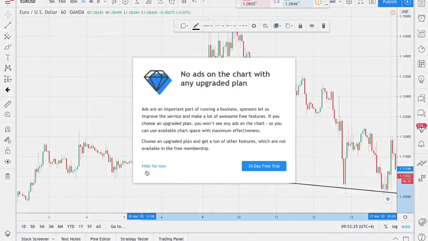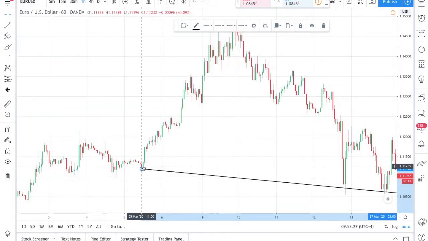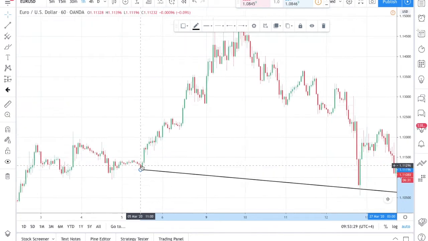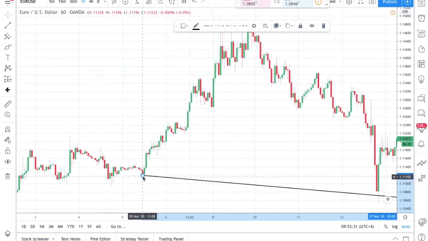So let's see what happened. Look at this red candle. It hits this point and it comes up. That's going to tell us that there is something at this level, that it can be a support at this level.